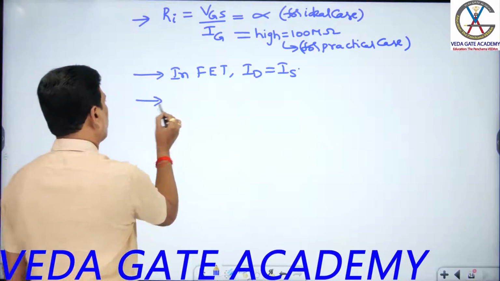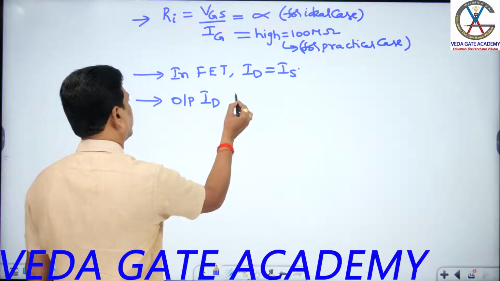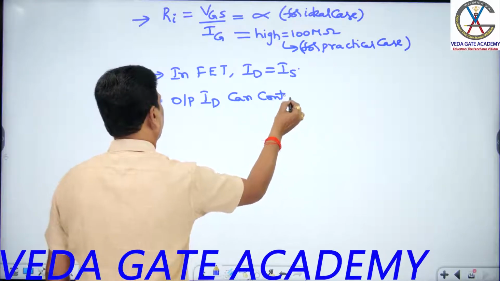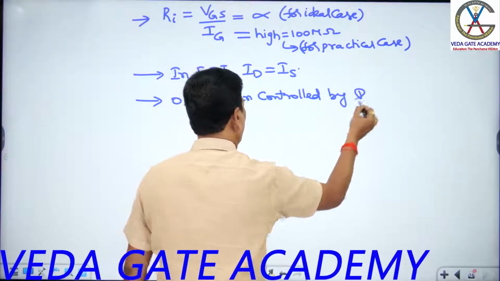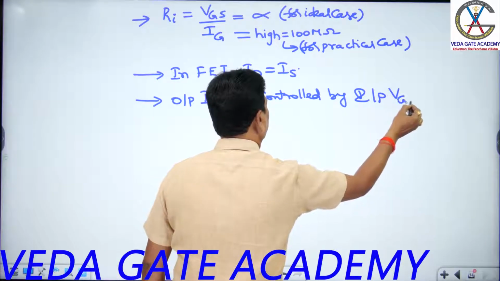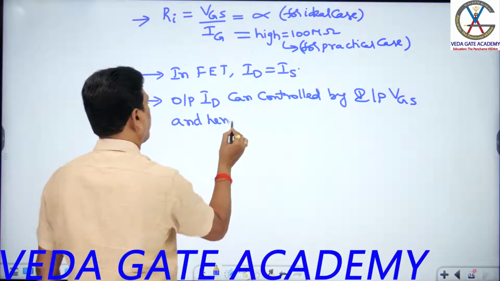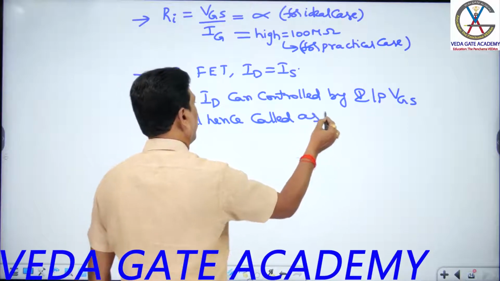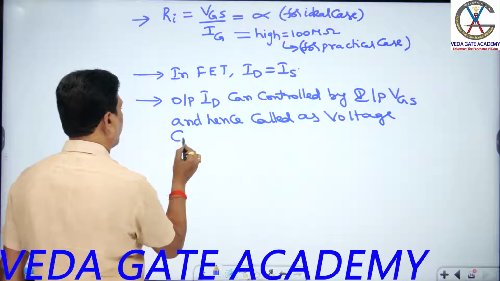The output drain current ID can be controlled by the input gate voltage VGS, and hence it is called a voltage control device, students.